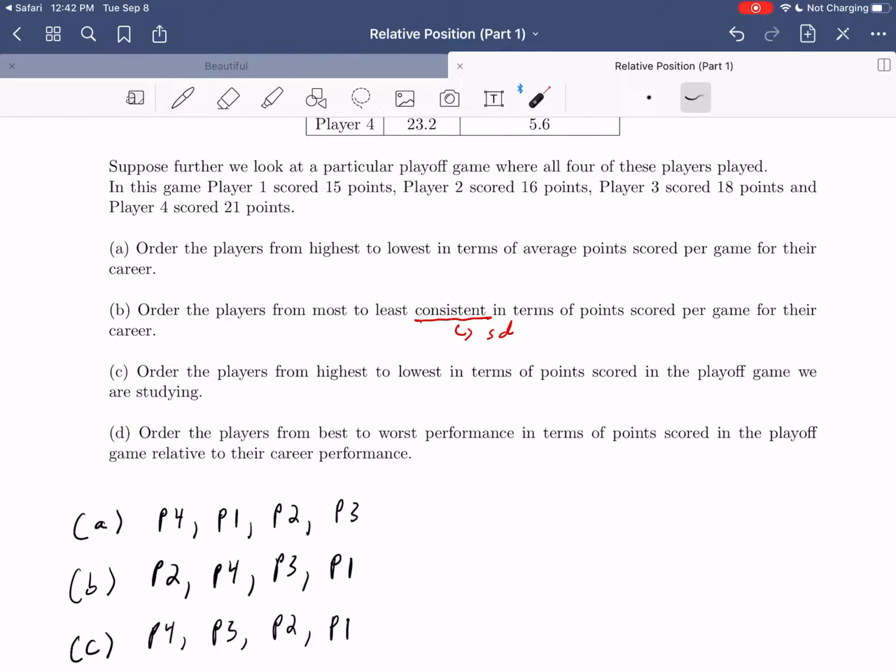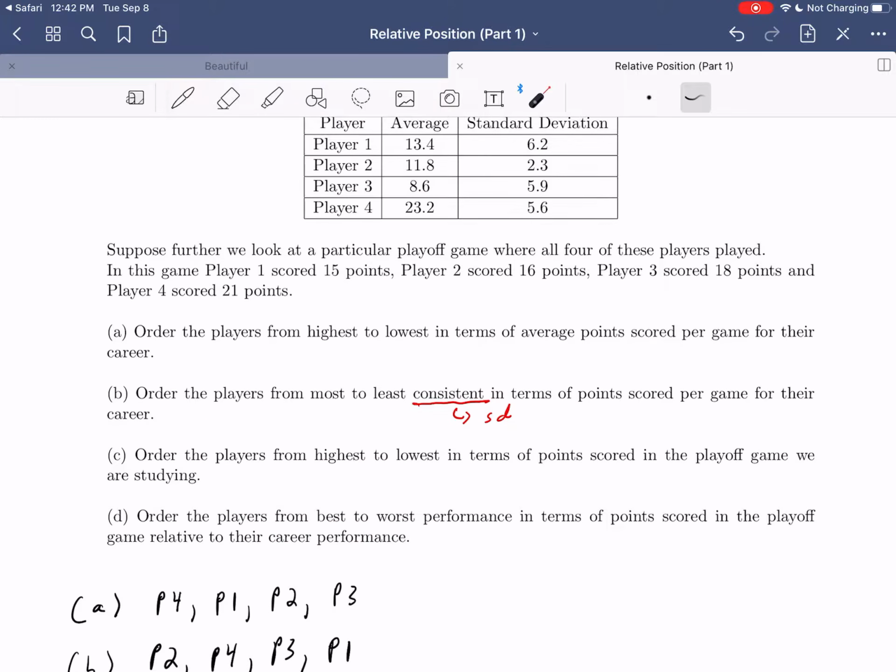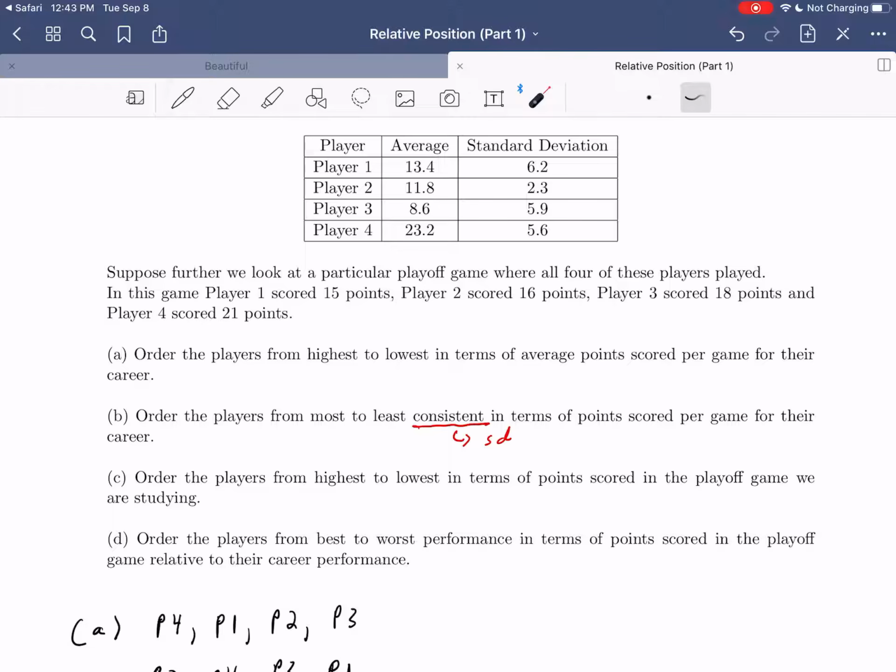Well, if you think about it, without even calculating anything, you can see why this is a unique question. Take player 4. Player 4 in that playoff game scored 21 points. He scored the most out of the entire group. But if you think about it, compared to their career average, it wasn't a very good performance. Their career average was 23.2.